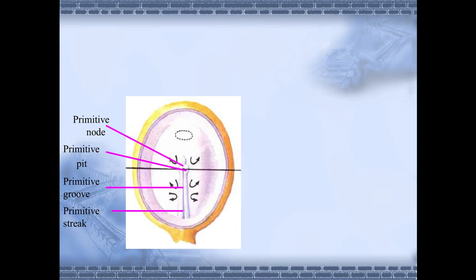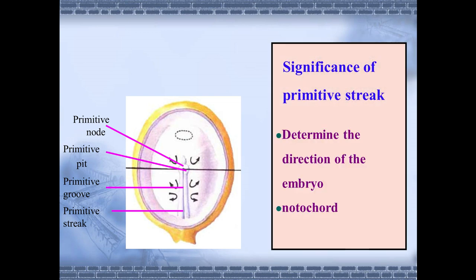Now, the significance of the primitive streak is that it determines the direction of the embryo and the formation of the notochord. We will study the notochord later in the next class, but here the importance of the primitive streak is that it determines the direction of the embryo.